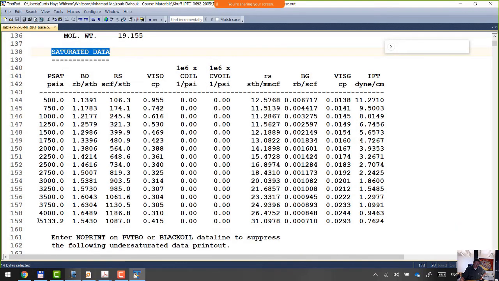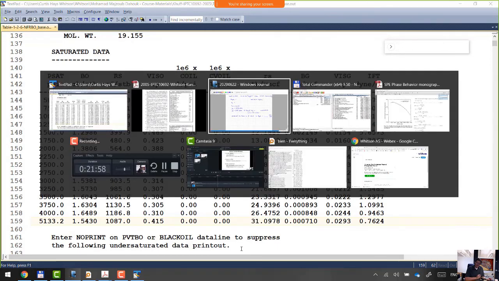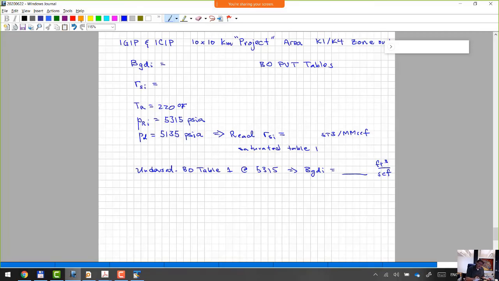You go to the reported dew point, and you get the solution condensate gas ratio. 31.1.